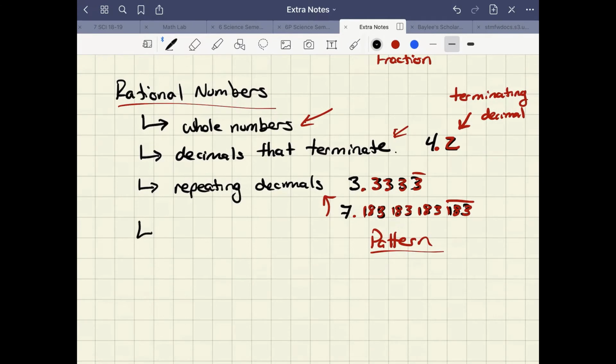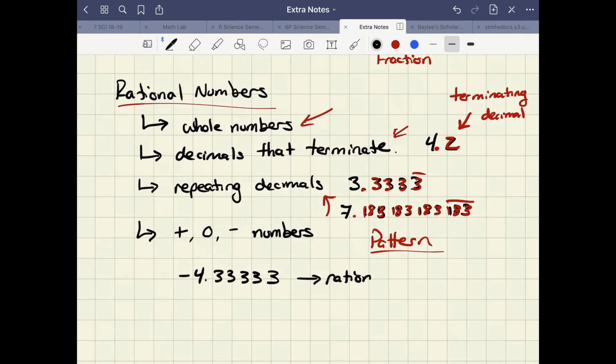Okay, so you've got positive, 0, negative numbers, so long as they also fit into these other categories. So a negative 4.33333 would still be rational because there is a pattern to that decimal. So rational numbers can also be negative.